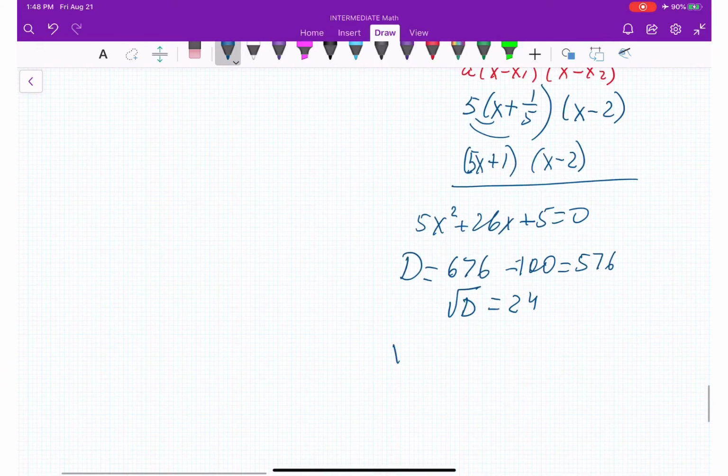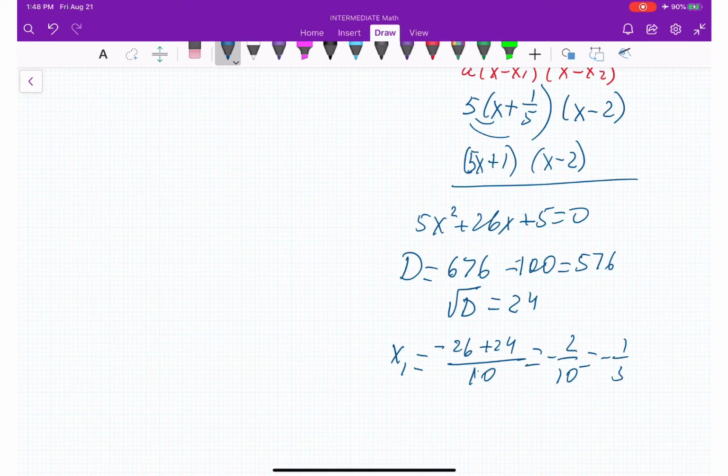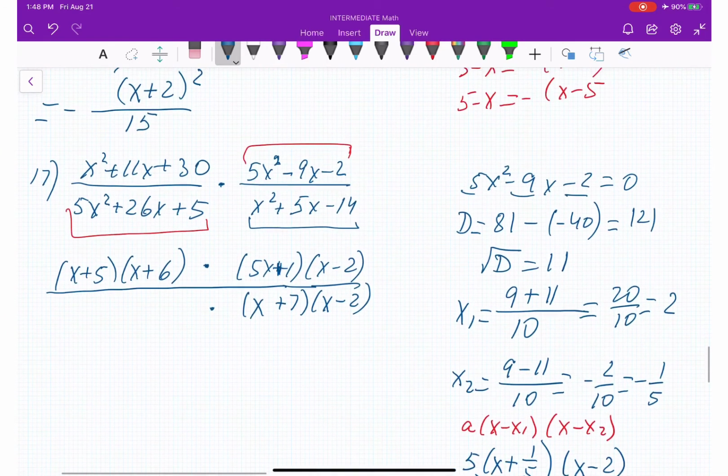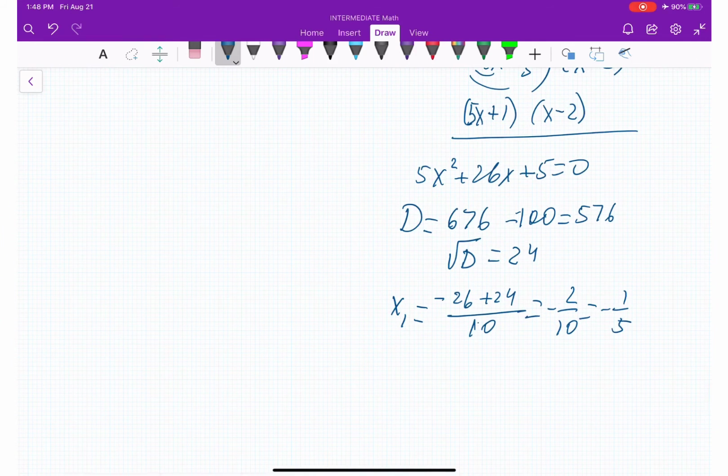So from here, x1 is equal to negative b, which is negative 26, plus 24 over 5 times 2 is 10, 2a. So that will be negative 2 over 10. We get negative 1/5. Are we getting the same? No. Okay, negative 1/5. So x2 is equal to negative 26 minus 24 over 10. We are getting negative 50 over 10.